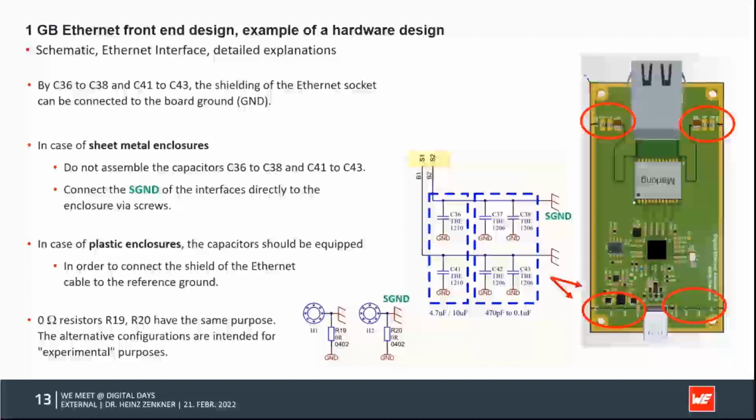In case of a plastic enclosure, it makes sense to connect these capacitors, having a direct connection with the cable to the digital ground, because otherwise you would have a floating digital ground, which would not be a stable setup for sufficient immunity.